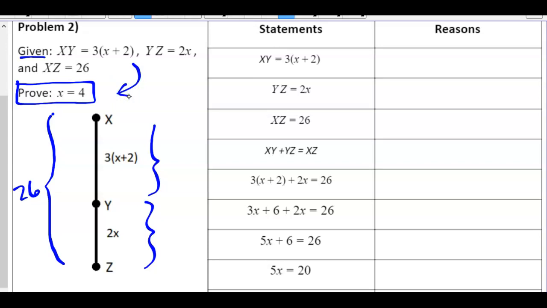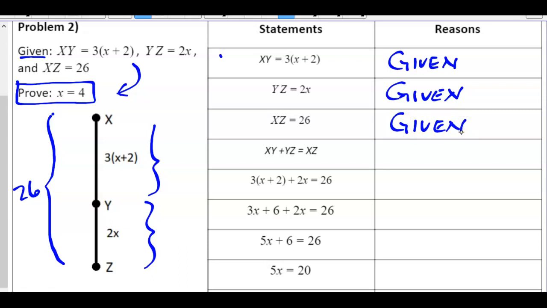All right. How in the world can I say this first statement? Well, that is given. And the world relaxes. They go, okay, yeah, I'm good. And then you say YZ equals 2X, and they get a little tense again, but then you tell them to relax because that was given. And that's also given.